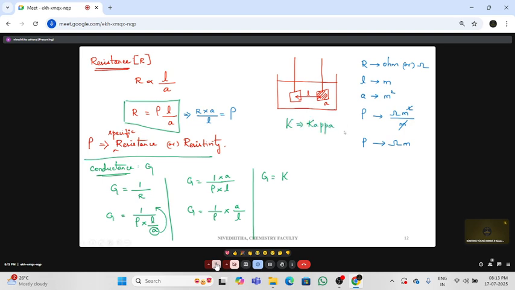And this kappa represents specific conductance. What is another term for specific conductance? Another term for specific resistance is resistivity. So similarly, what is another term for specific conductance? Conductivity. That's it, conductivity.